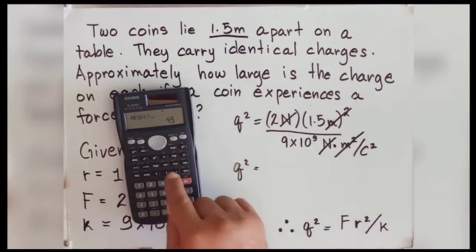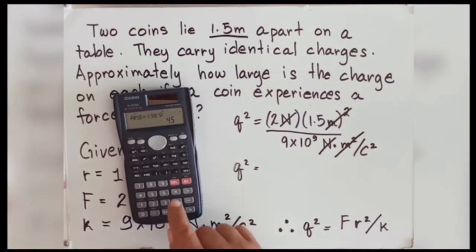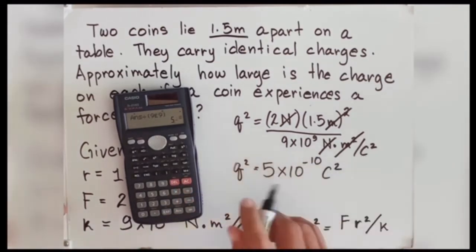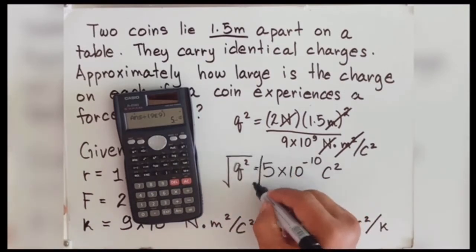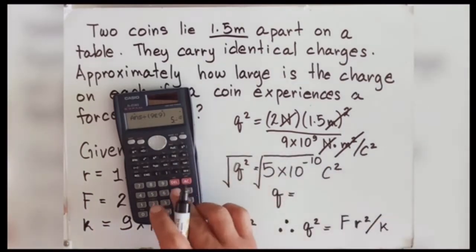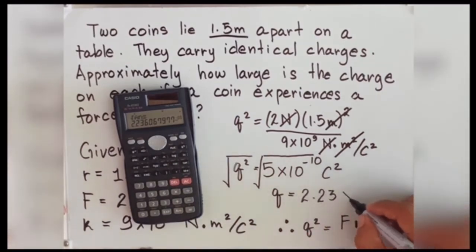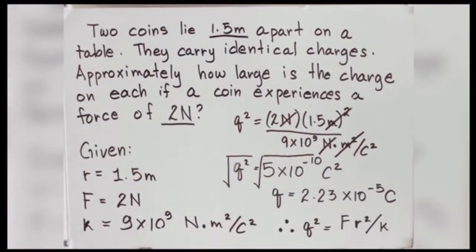So the value for Q raised to the power of 2 will be equal to 5 times 10 raised to the minus 10 coulomb squared. And let's get the square root of each. Our value for Q will be equal to 23 times 10 to the minus 5 coulombs. So that will be the charge experienced by each coin.